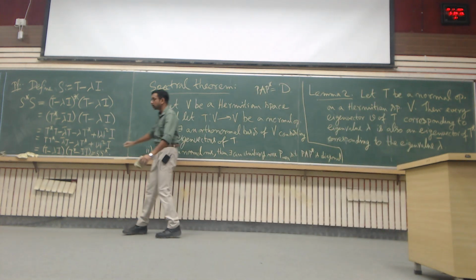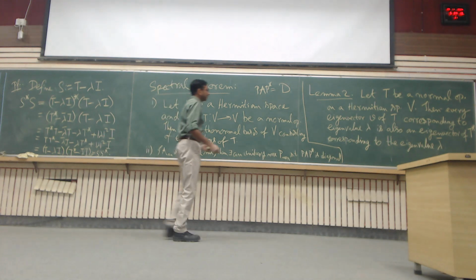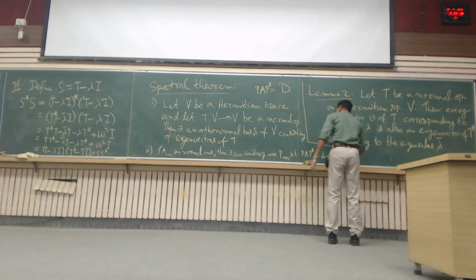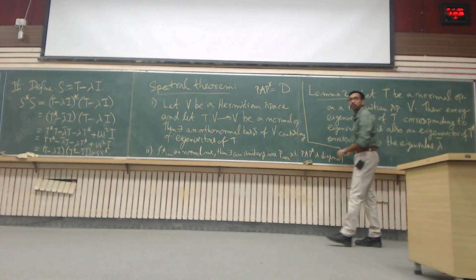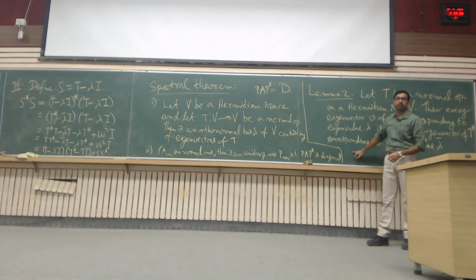So this is a normal operator, that is clear, and now what we are going to do is continue that proof here. I hope wiping out lemma 2 is fine for all of you.